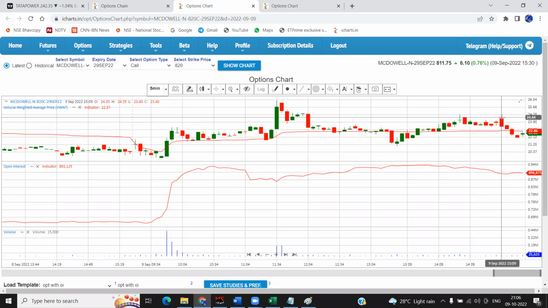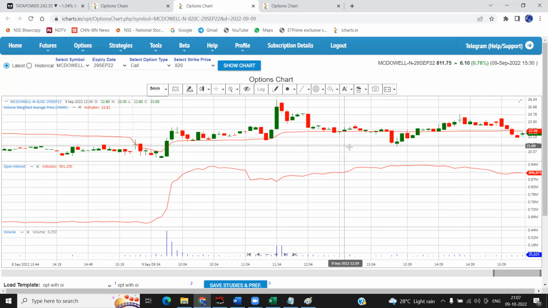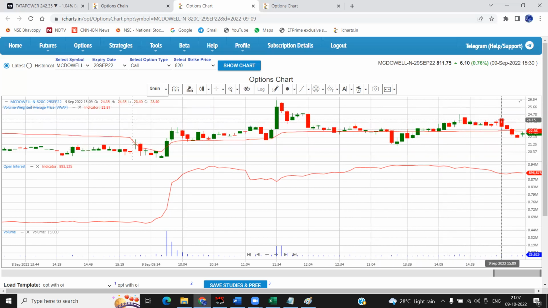Sir, will you please repeat, sir? Yeah, Amit. It is something like this. Right now, the 820 call, which Amit says has increased open interest. So in case the open interest of this starts reducing, and this is a swing which we are seeing, in case the price goes above 24 rupees, I will buy.